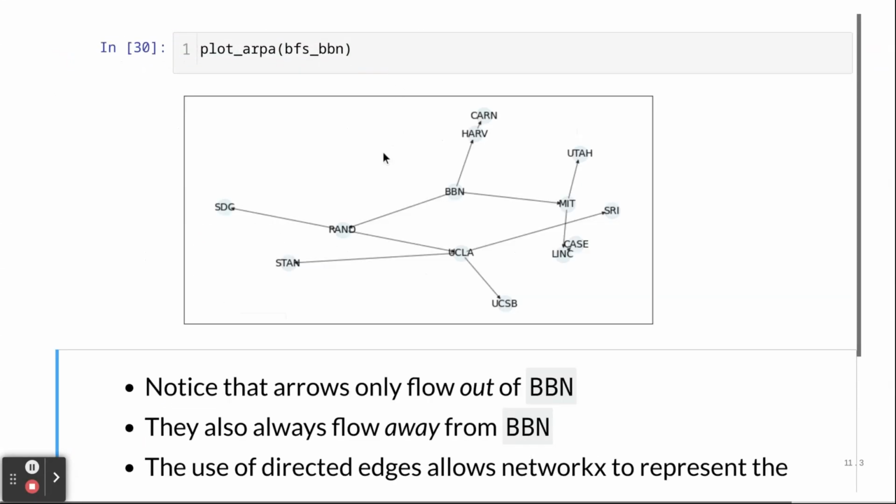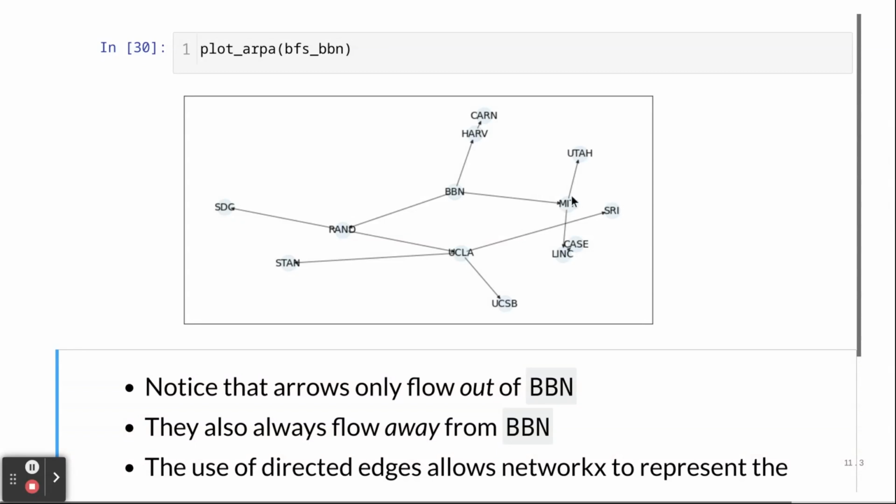When we visualize this particular graph, there's a few things we should know. One is that if we look at BBN, which was our starting node, there are no arrows pointing into BBN. So we consider BBN to be at the top, or the kind of beginning node of our directed graph. And then all of the edges it has have arrows pointing from BBN to a different node.